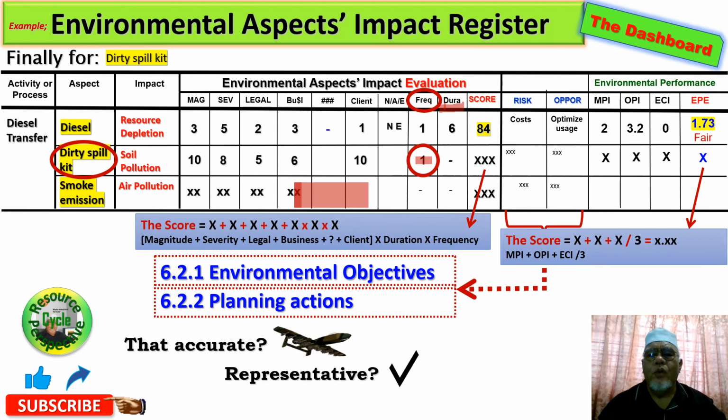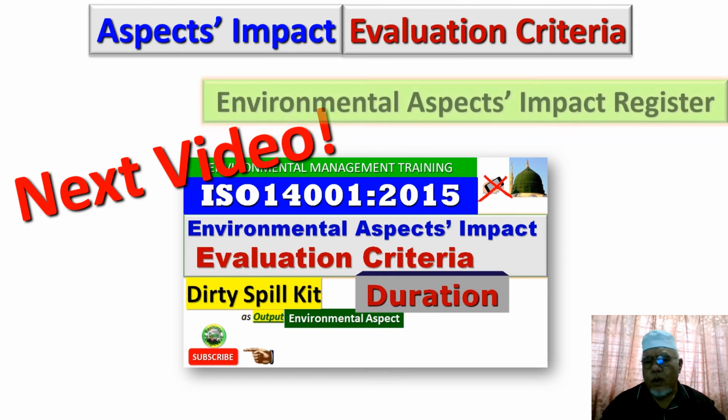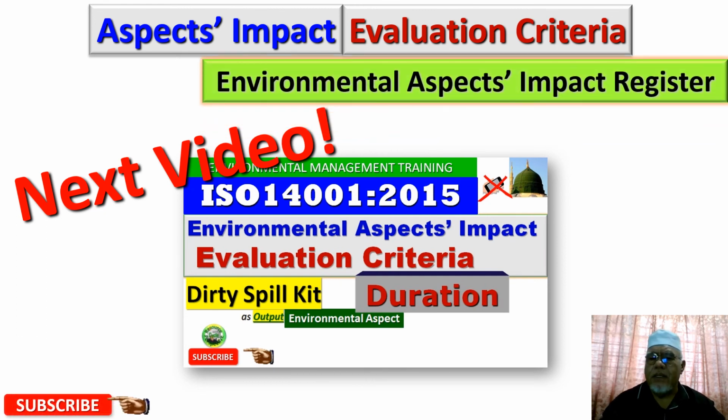And the score will be known later. So there is one more to go, duration, and then we would be able to get the score. This is how it works. So there's a comparison. We're able to do the comparison later on. Okay, so I hope that is clear for this particular environmental aspect's evaluation criterion, frequency.